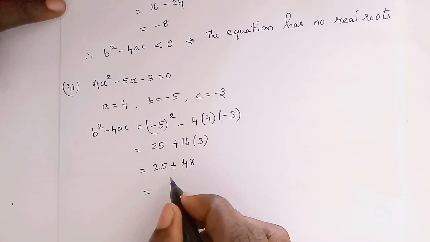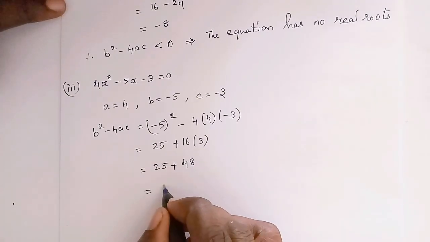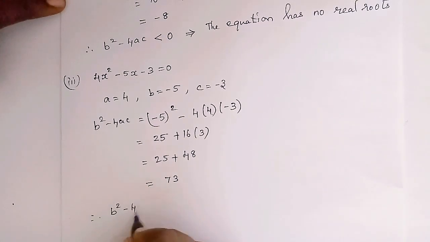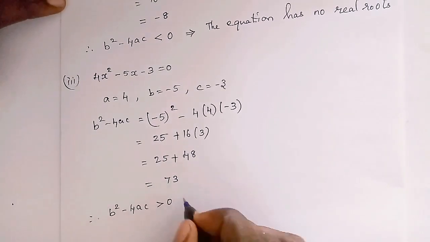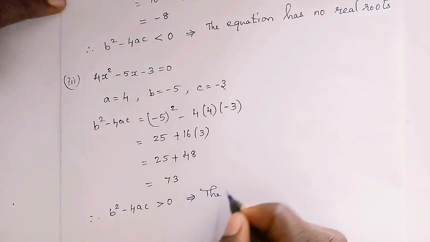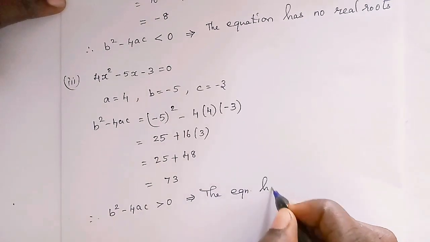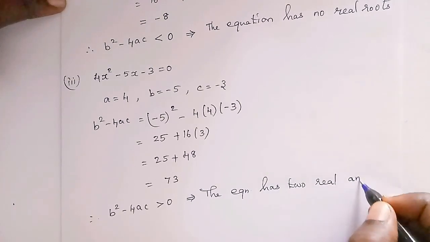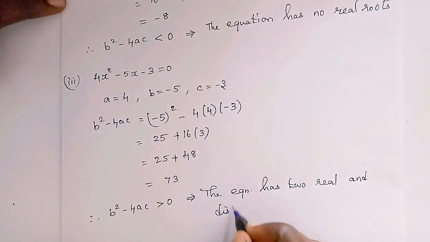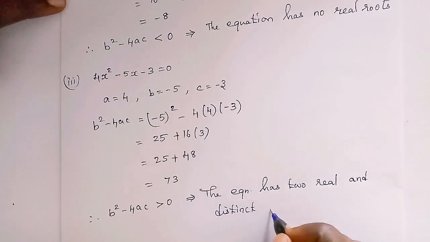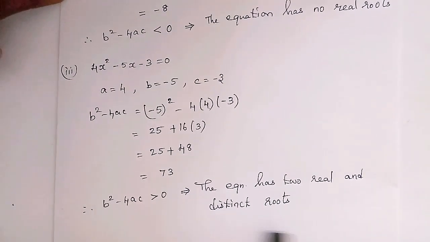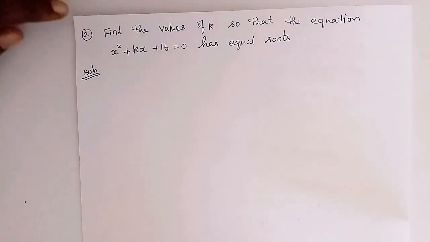That is 25 plus 48, the value is 73. Therefore, b square minus 4ac value is greater than 0, which implies the equation has two real and distinct roots. Since it is positive, we will have two real and different roots. Go with the next example.